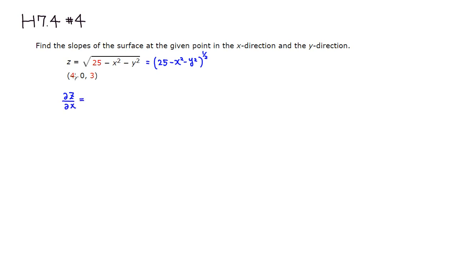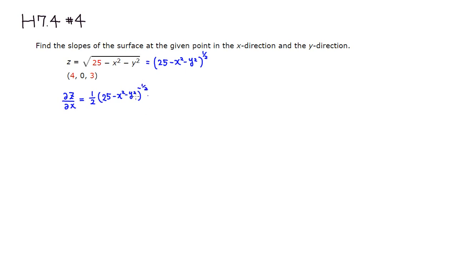This is going to be a power rule, so put 1/2 in front, keep exactly the same inside function, 25 minus x squared minus y squared, and then subtract 1 from the power, so it's going to be negative 1/2.